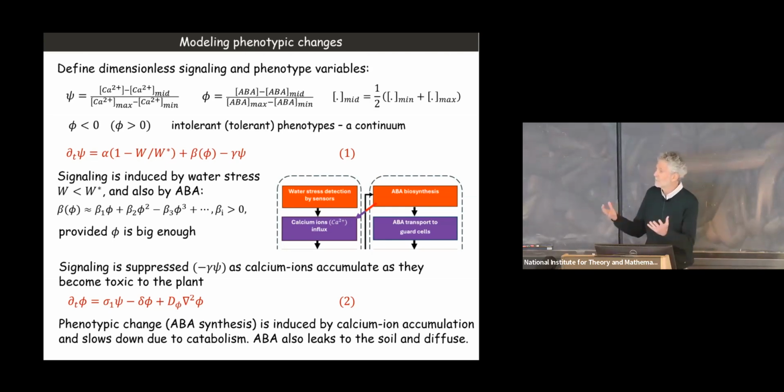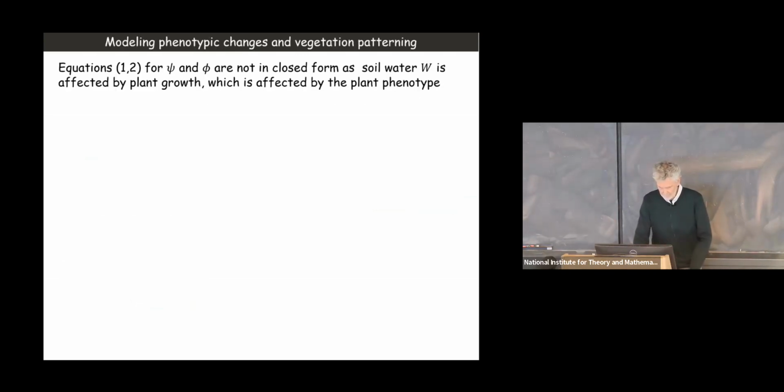And ABA leaks to the soil, from the plant roots to the soil, and can diffuse. And so these are the two equations that we propose to use in describing stomatal closure.